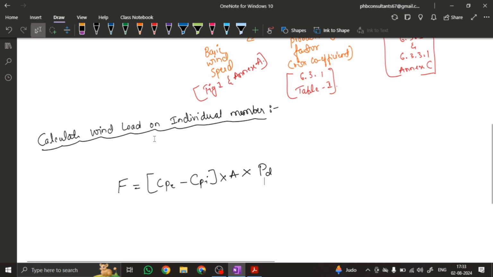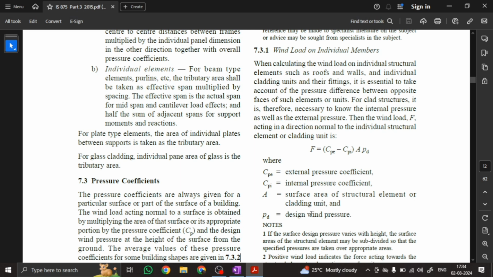Okay. Now what do you mean by A? A means surface area of structural element or cladding unit, structural element or cladding element. Okay. Now what do you mean by Pd?